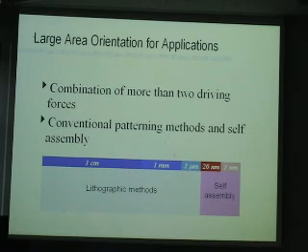The specific idea we have is to combine conventional patterning methods such as lithography with self-assembly. If you look at this dimension, we can easily control the pattern size in the centimeter and millimeter range, up to 1 micron, using the lithography method. But below 100 nanometers, it's hard to make pattern structures using the conventional method.